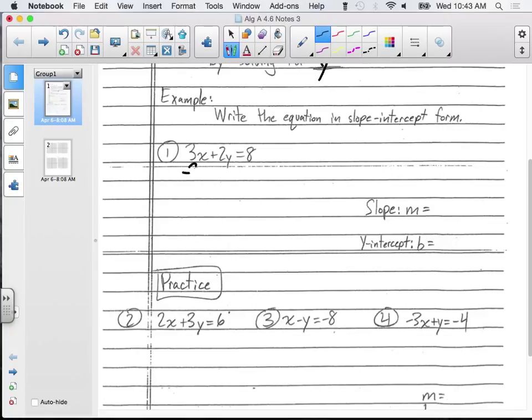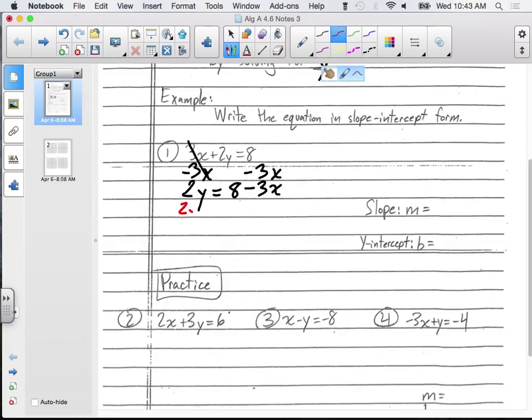Okay, so Cody said first thing we could do is subtract 3x from both sides. So then what we would be left with is 8 minus 3x. So what's the next thing we have to do to get y by itself? Divide by 2, right? So go ahead and do that while I get back up there.